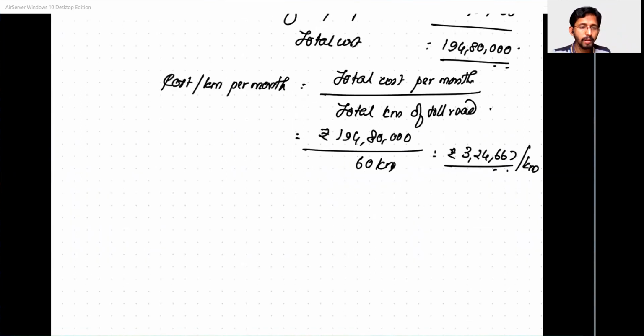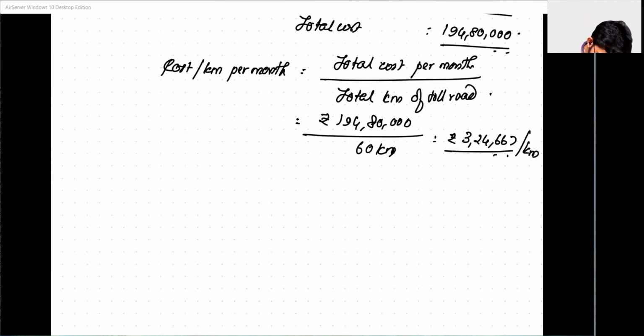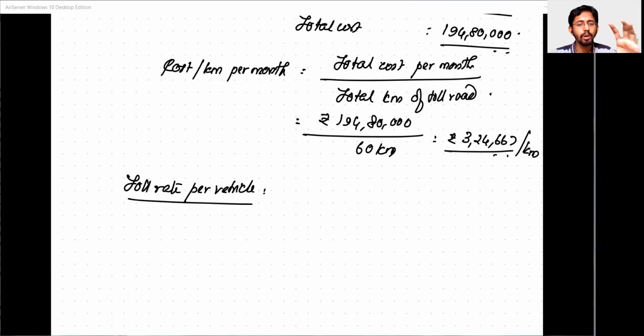Okay. Now next you have to find out toll rate per vehicle. So for that you have to find out what is the total number of vehicles per month.